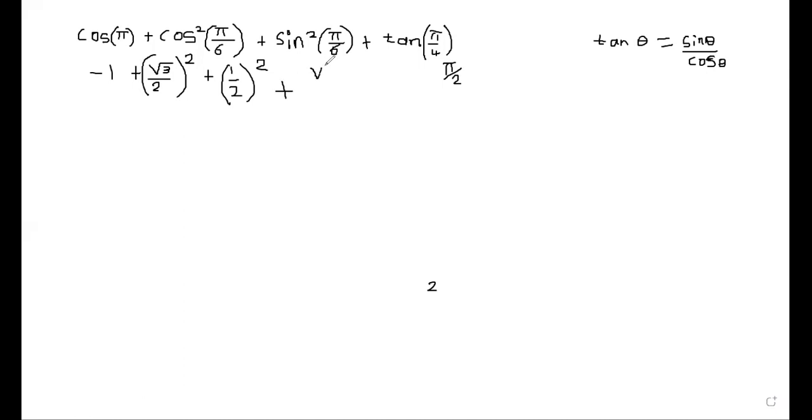So one over the other. So we have sine, which is root 2 over 2, all over root 2 over 2, which will be like saying 2 over root 2.